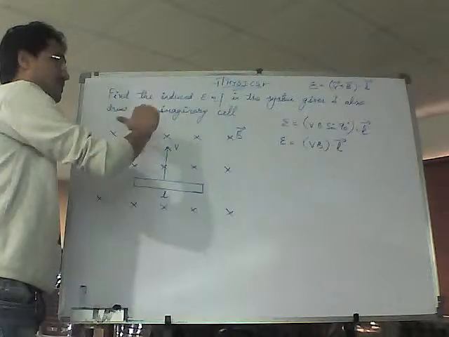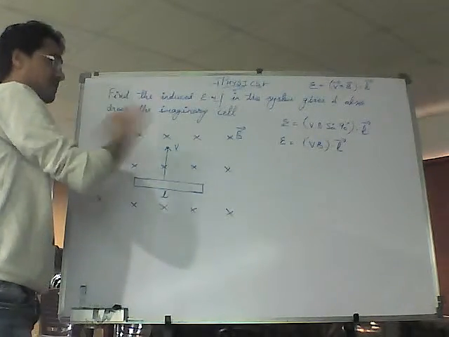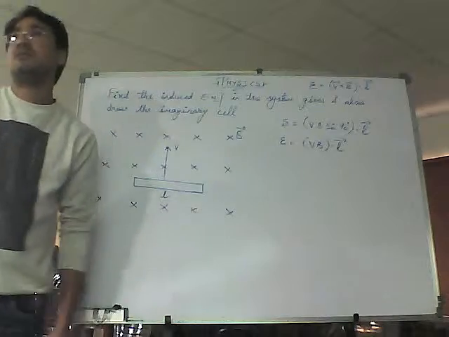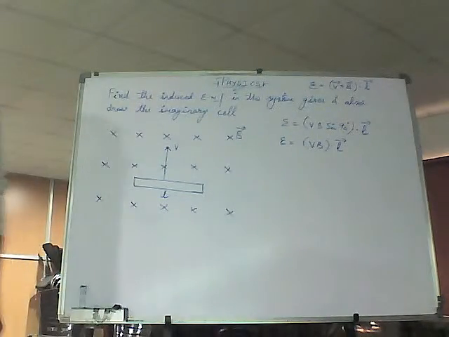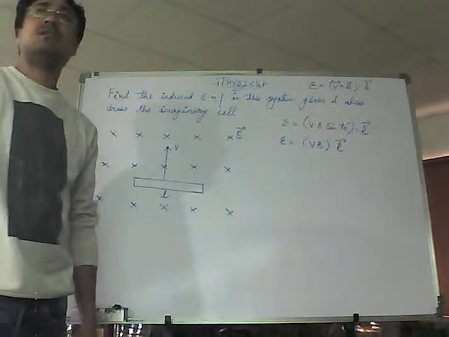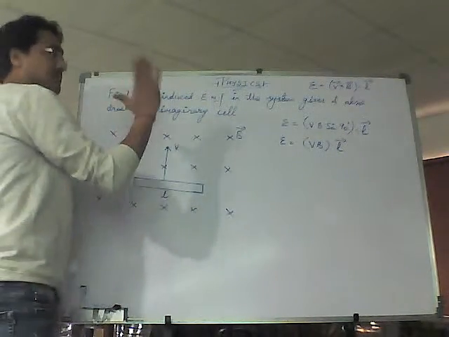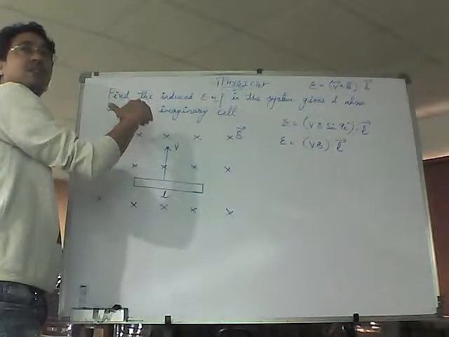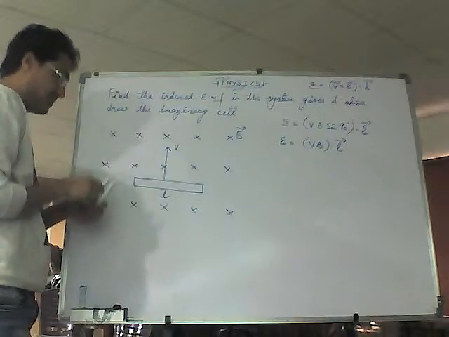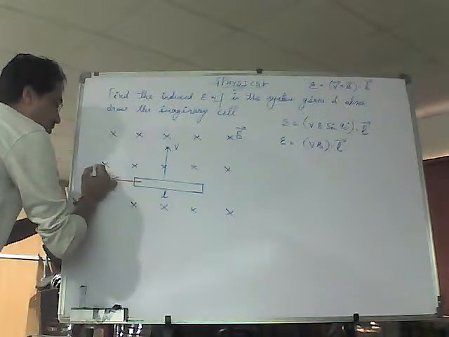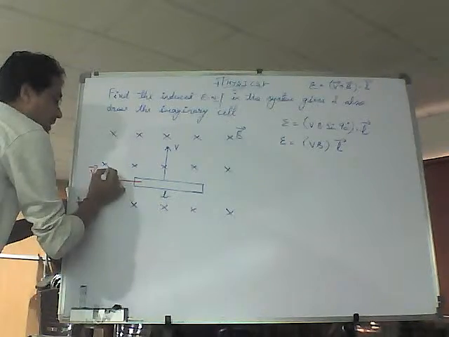So that means V cross B is in this particular direction. सही है? हाँ भाई, fetch out the direction of V cross B. V ऊपर की ओर है, B inside है. That means V cross B is in this particular direction.